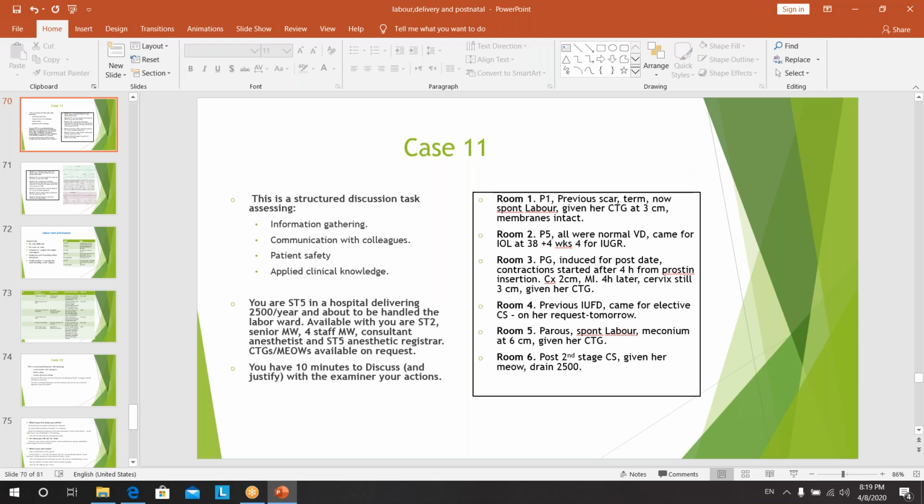Dr. Hussein, please. Yeah, I want to ask one question. I think this is the best strategy to follow in the exam: to take room by room, and in the end, if we have time, to recap and put the rooms in order of prioritization.